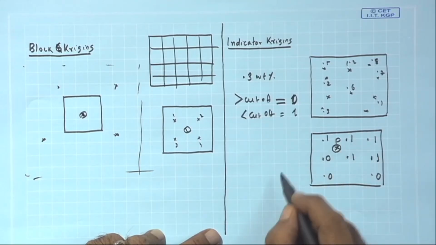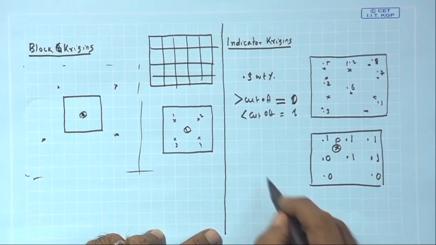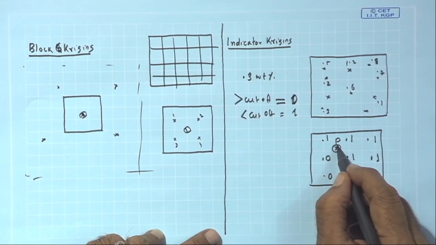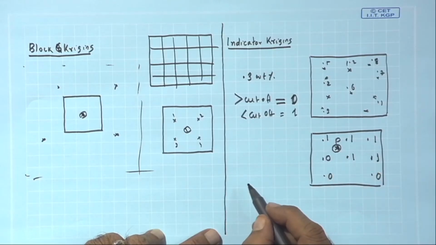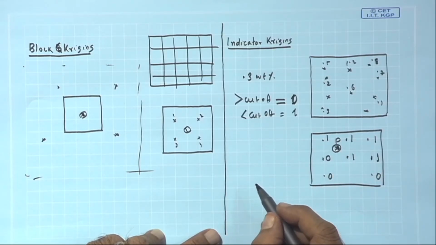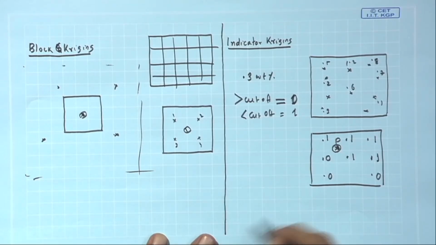So we will be doing the Kriging taking the values as 1 or 0, this kind of binary number, and the value that comes out for this unknown point P will not be exactly the value of the grade, but the probability of the point having grade greater than cutoff or less than cutoff.